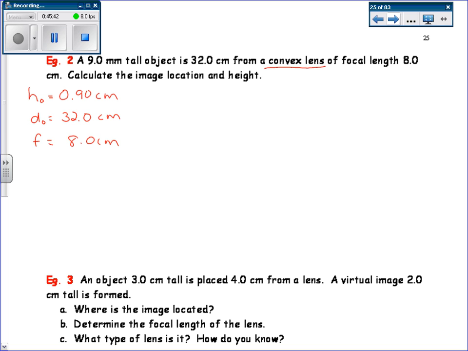What I'm trying to find are my image locations. That means my image distance, how far it is from the lens, and my image height. So how big it is. So I'm going to start to find DI.